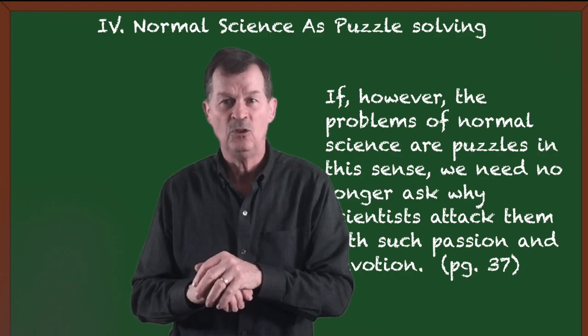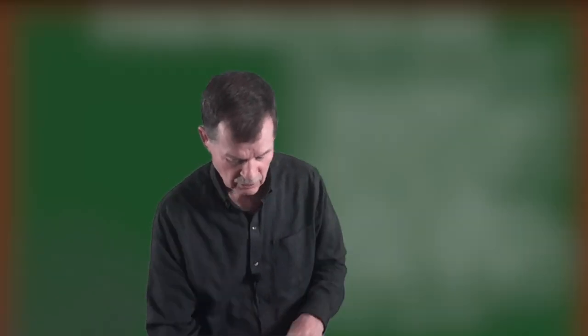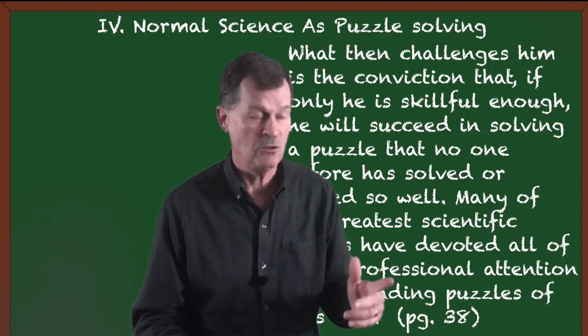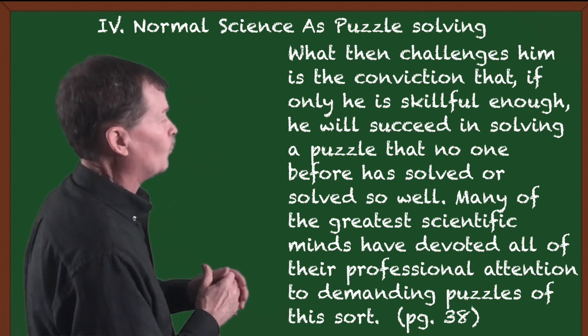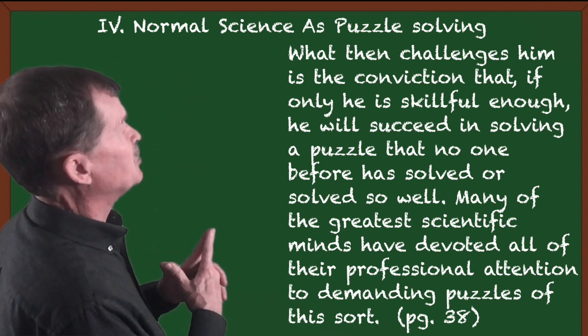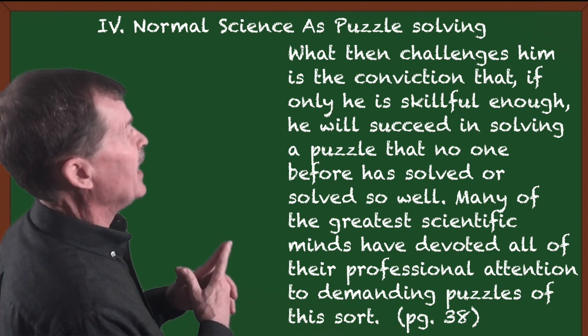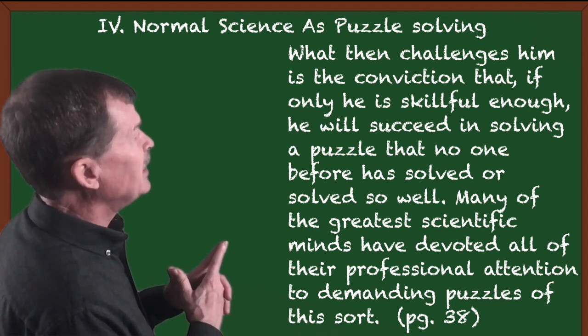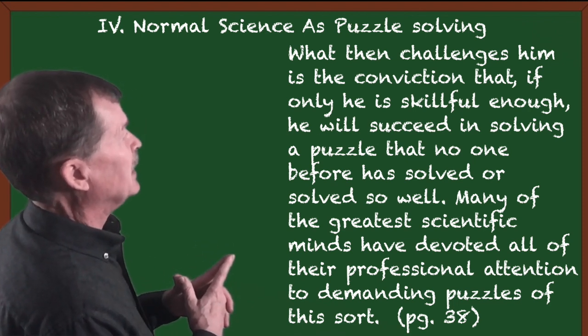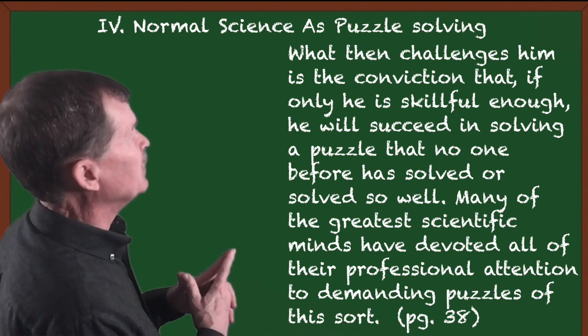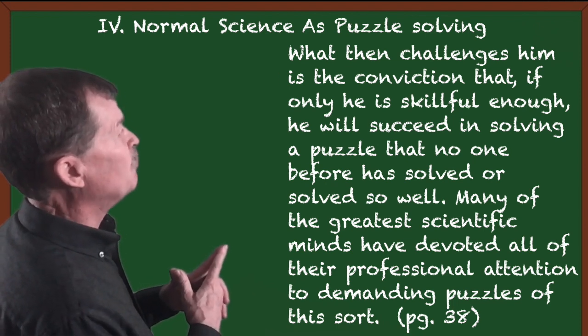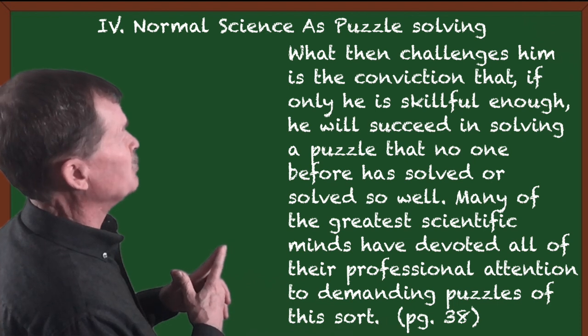And if he can do so, then he will be the chief puzzle solver, according to Thomas Kuhn. What then challenges him is the conviction that if only he is skillful enough, he will succeed in solving a puzzle that no one before has solved, or solved so well.